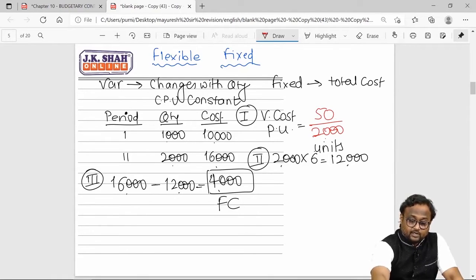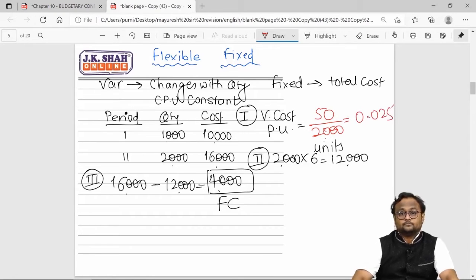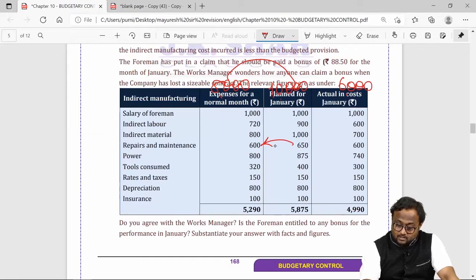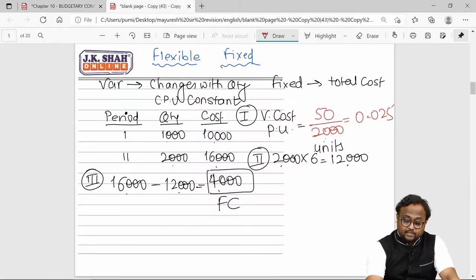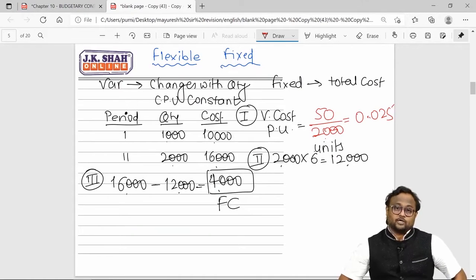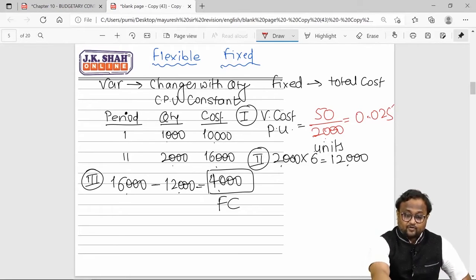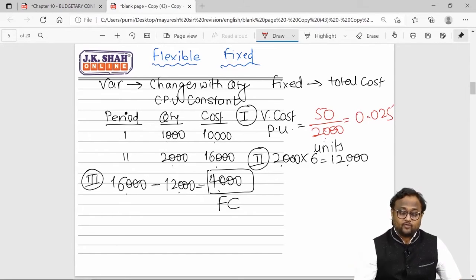So 50 divided by 2000, 0.025 must be the variable portion. 600 going up to 650 because of 2000 units, that means 50 rupees is your rise in the cost because of the rise in quantity by 2000. So 0.025 is your variable cost per unit.